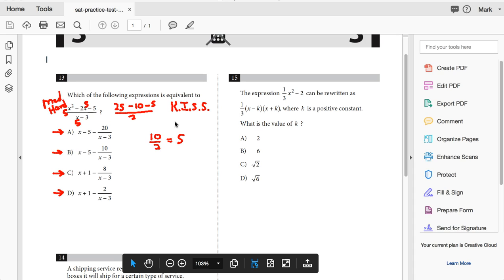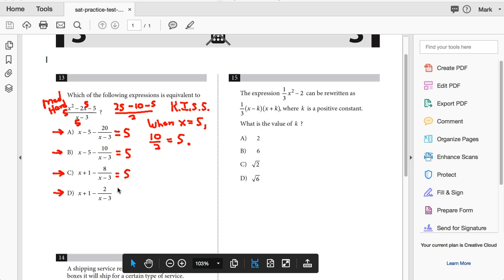Now, that's kind of a coincidence, but when x equals 5, the answer that you get to this equation is 5. When 5 goes in, 5 comes out. Which means that we're looking to see which answer choice down here will also equal 5. Only one of them will.